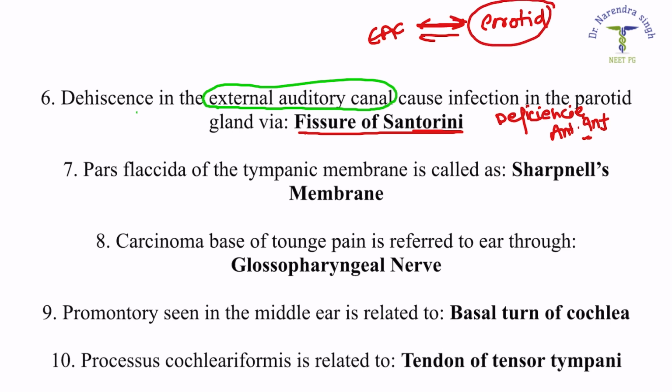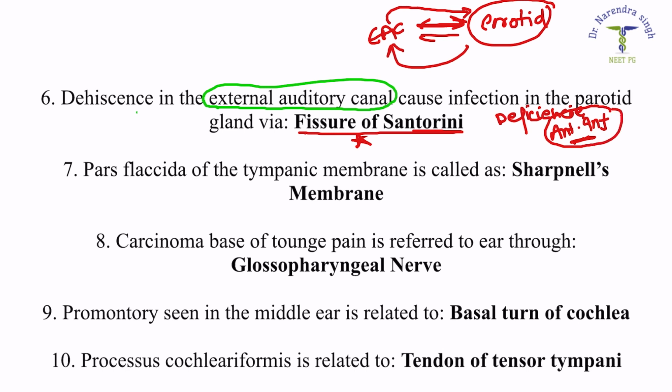Any infection of the parotid can travel to the external auditory canal, and infection of the external auditory canal can travel to the parotid through the fissure of Santorini. So the second question which can be asked regarding the fissure of Santorini is in which part, that is, the cartilaginous part of the external auditory canal, in the anterior-inferior part.